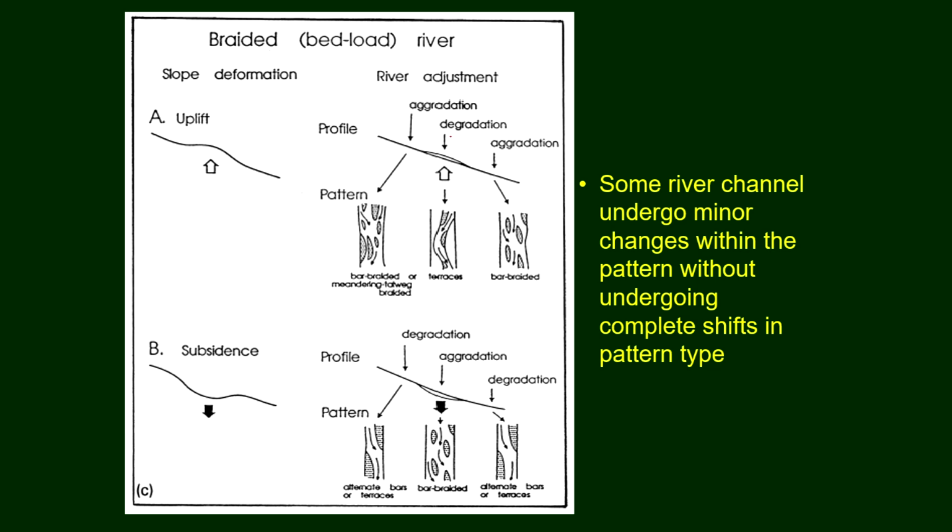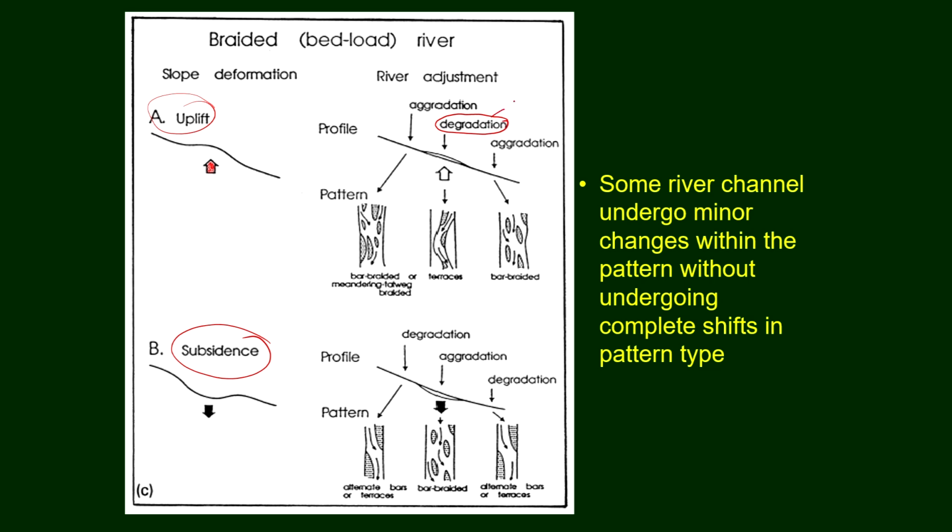If you have ongoing deformation in the form of an uplift, or you are talking about subsidence, then the river will tend to have different processes operating along the gradient or along the river profile. In case you have an uplift here, this portion will experience erosion.